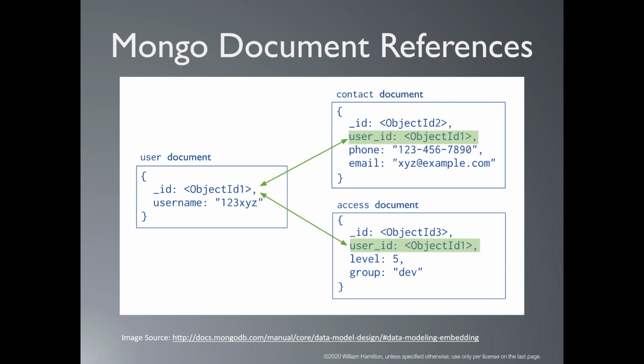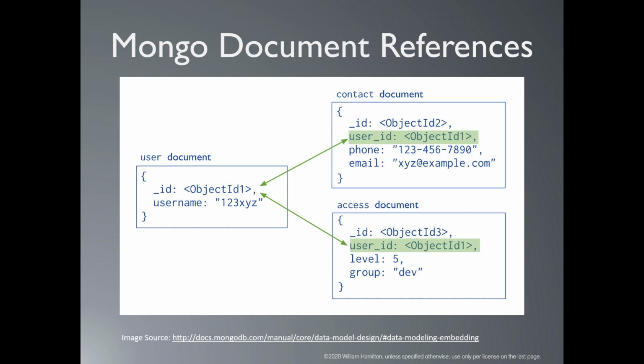And whenever I pull this access document outside of its collection, then I can tell Mongo to go and look up the user that it's associated with out of the user collection using the ID that I have stored here, and then it will populate that user object into my access document automatically. And so it's just a way of specifying these relationships without having to make multiple queries to the server, basically.